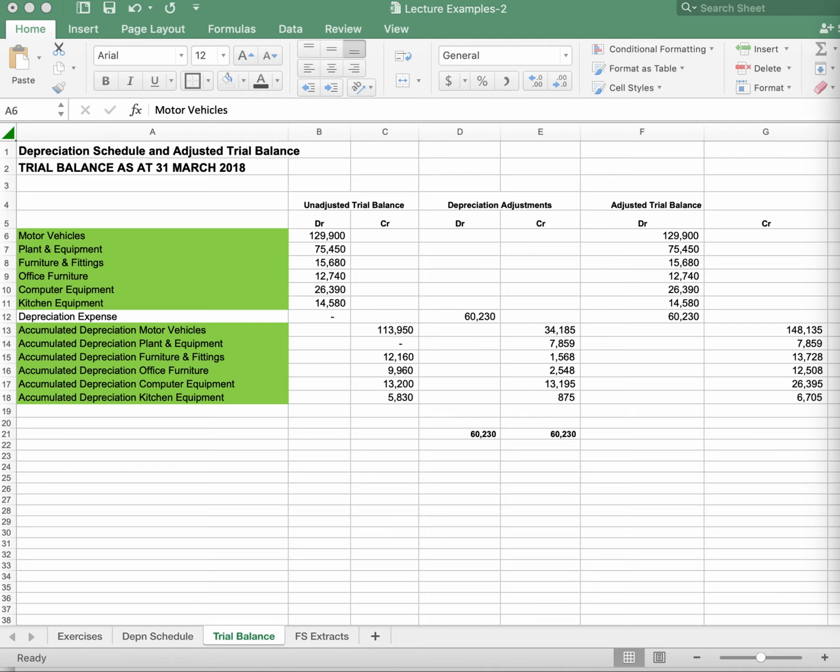Something wrong with the accumulated depreciation on the motor vehicle because it's more. So I think it's got something to do with my opening balance.